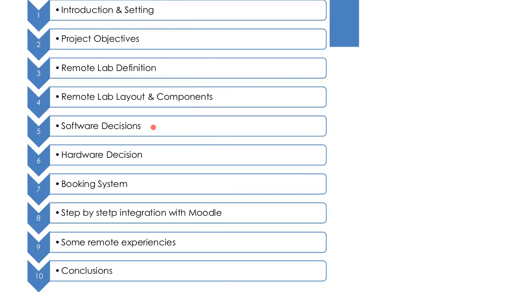Then the description of the booking system, that will be the core of the presentation. We will describe step-by-step the installation of the EGS system and the configuration of the booking system in the Moodle platform. Finally, we are going to show you some of the experiences in the Physics 1 course and share with you some conclusions.